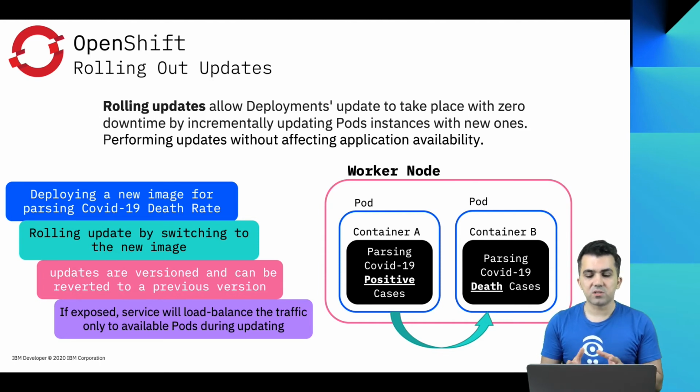First of all, I'm going to update the container with a new image. We are going from the positive cases for COVID-19 to the death cases, and the updates are versioned, so you can just update your image and then go back and roll back to the previous one.